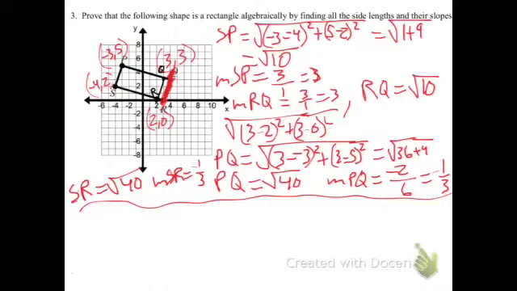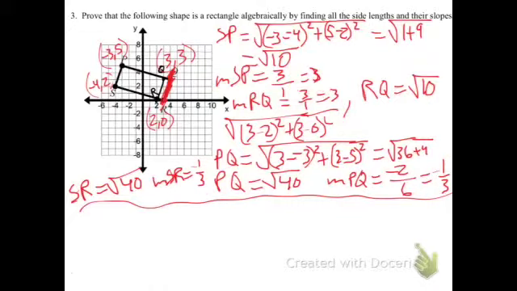So in our little explanation here, we should include something about how they meet at right angles. And the way you know that these angles here are all right angles is because they're perpendicular to each other. And how you know they're perpendicular is you look at the slopes. We got a slope of 3 and a slope of negative 1/3. Those are opposite reciprocals, which is our definition for perpendicular.